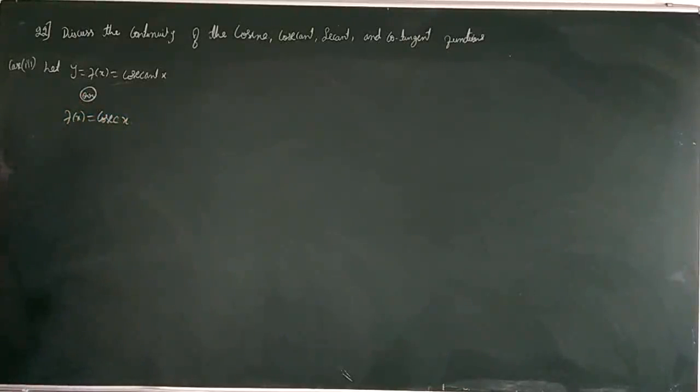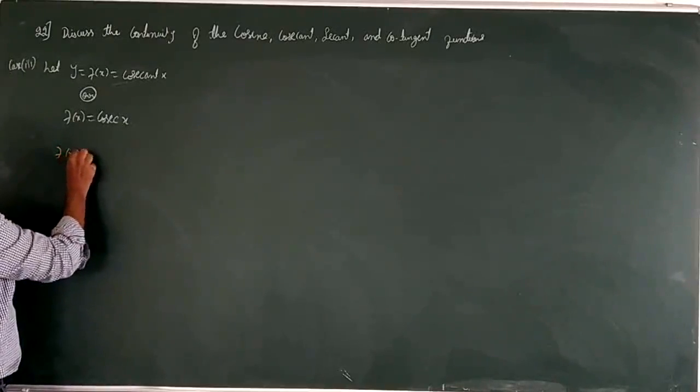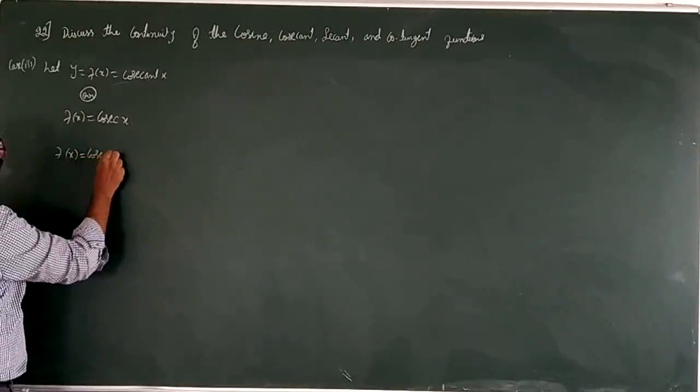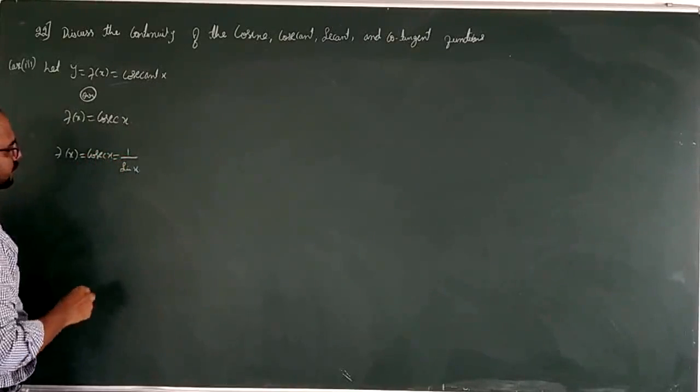Then f of x is equal to cosec x, which is the reciprocal of sine. Cosecant x is equal to 1 divided by sin x.